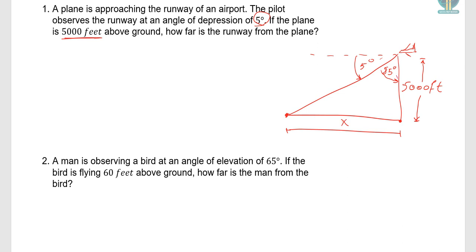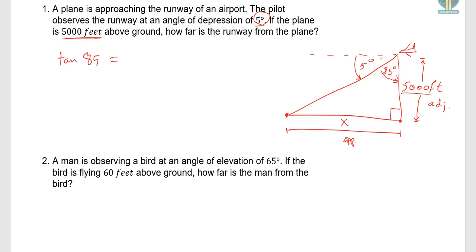So we have an angle inside the triangle, 85 degrees, that's known. Of course, this is 90 degrees, but we don't work with it at this point. We just work with the other angles. So 85 degrees, and then we have the adjacent leg, 5,000 feet, and we have the opposite leg, which is x. Again, we can write the tangent property. This is the most befitting.